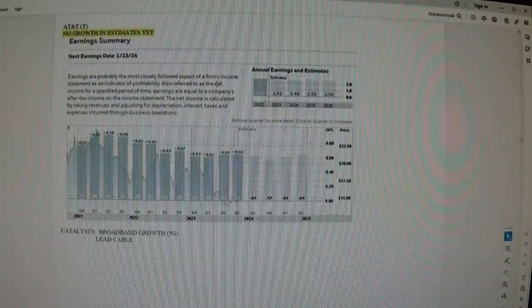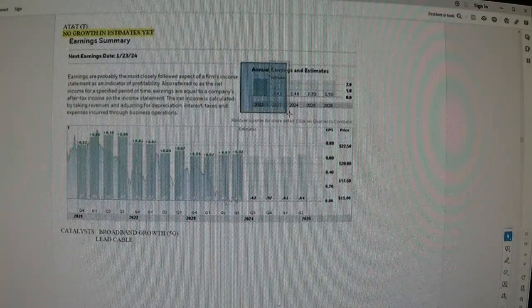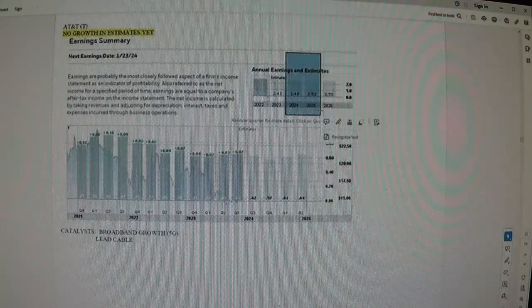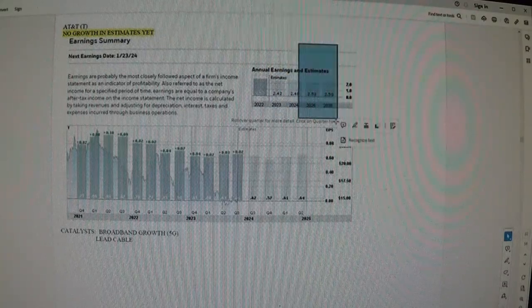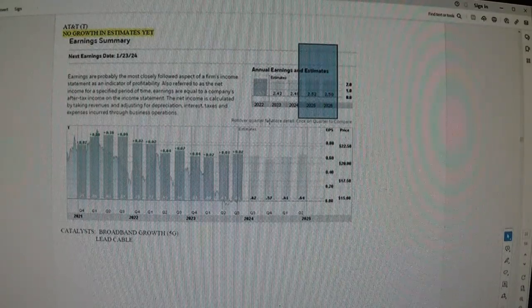So for me, what I did was I looked at one more thing here, the growth projections. If you divide these years by each other, they're growing 1.5% for the next 2 years, and after that, they're not growing at all. This is their annual earnings estimates.